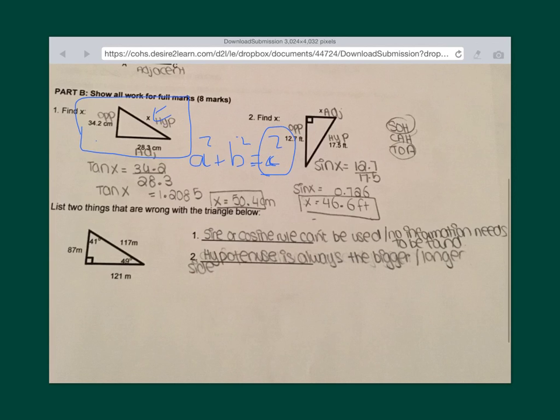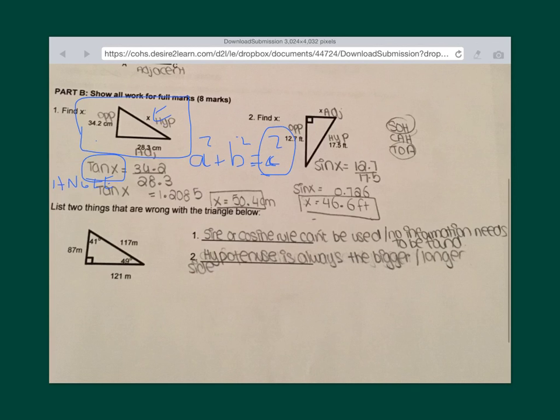And then you would just work that out on your calculator and take the square root of your answer, and that's x. You cannot use tan to find a side. You can only use tan to find an angle. All right, so don't use trig ratios when you're trying to find a side.